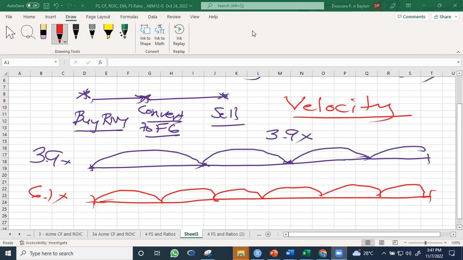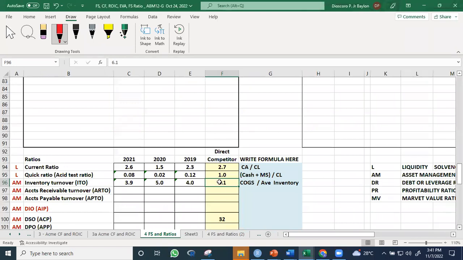All right. So we can see that based on the ratios, the competitor outperforms Microdrive in terms of inventory turnover. So let's now go to the next one, ARTO, accounts receivable turnover. So we know already that the denominator should be average receivables, because that's what we are turning over.